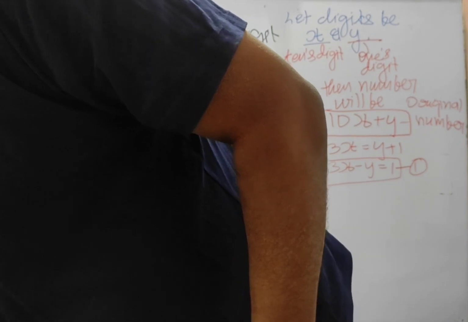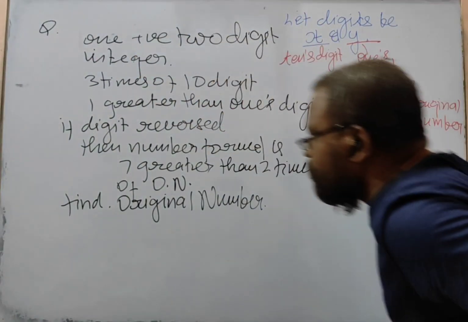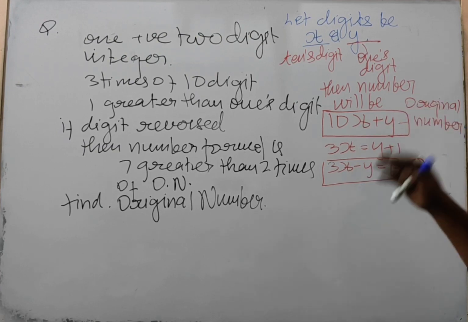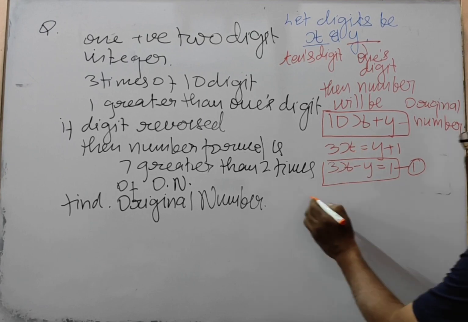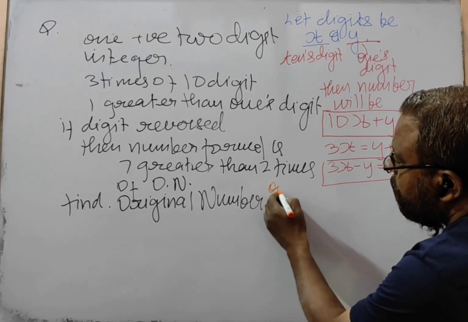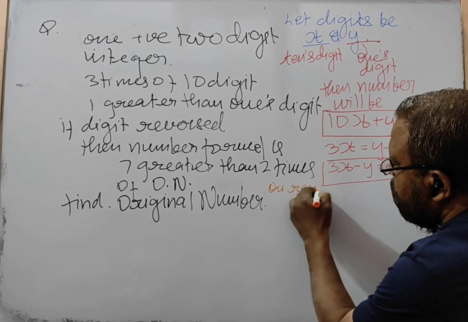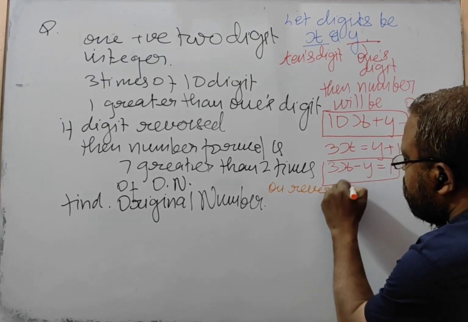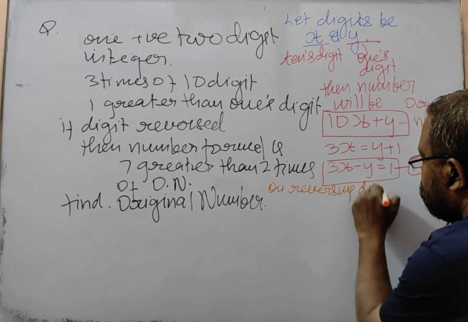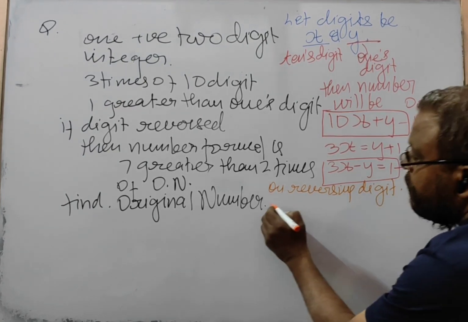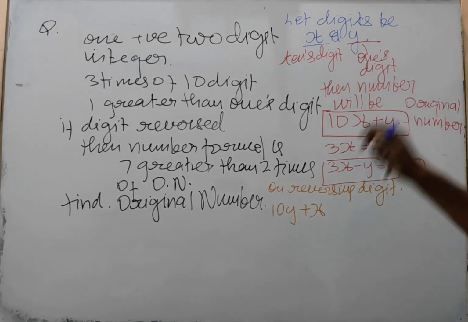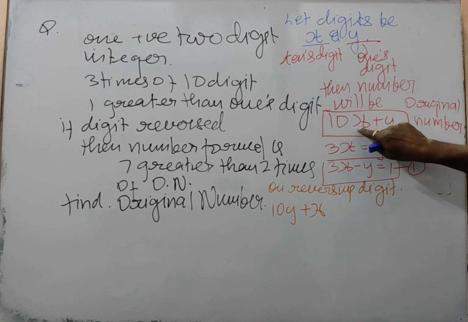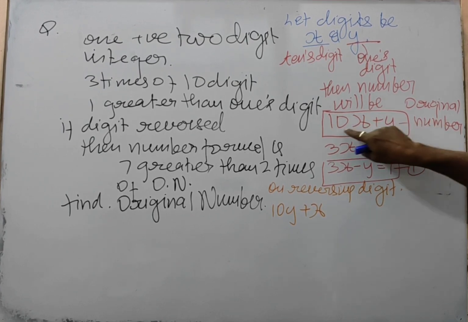Now the next part says, if the digits are reversed, on reversing the digits, we get 10y plus x, since the digit at the tens place comes to the ones place and the ones place comes to the tens place.